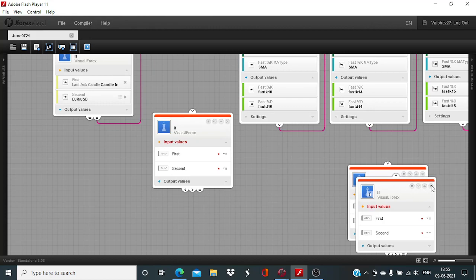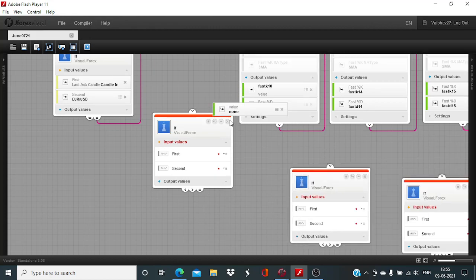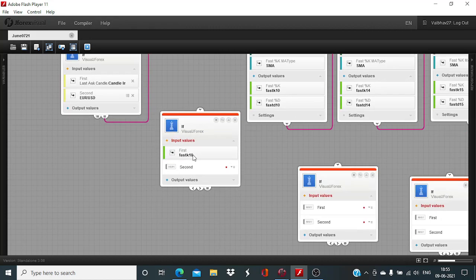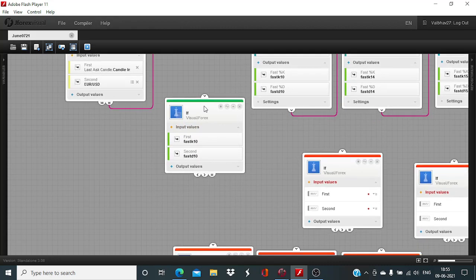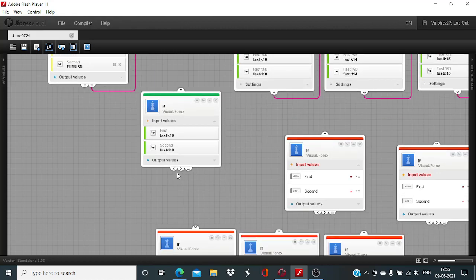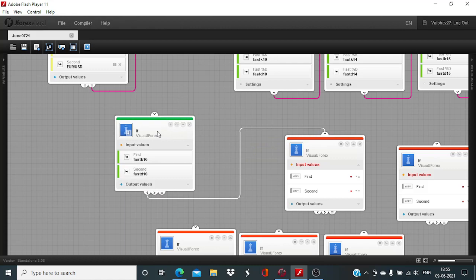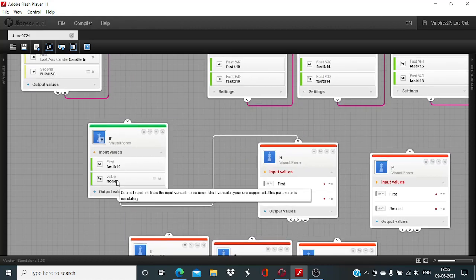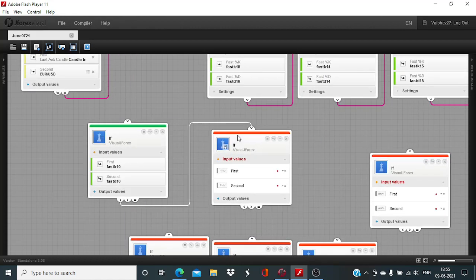So to make sure of that, we have to put these values as input of these if blocks and compare. We need first input less than the second input. Fast K10 should be below fast D10.